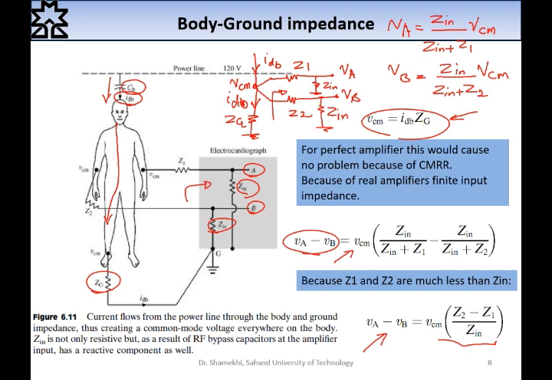For zeroing the bad interference voltage VA minus VB, which is dropped on the input terminals of our amplifier, we only have one choice.